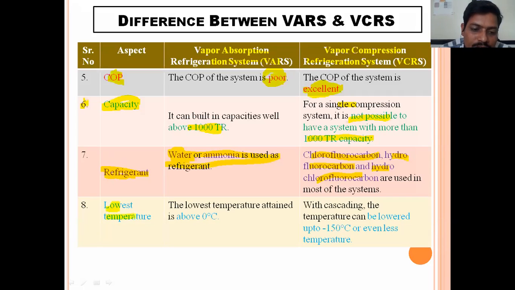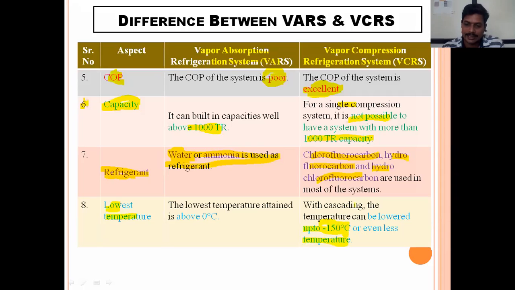So as I have mentioned, we can use the vapor compression refrigeration system for domestic as well as industrial application where capacity is less than 200 TR. So with the help of VCRS system, we can lower the temperature up to -150 degrees centigrade or even less than -150 degrees centigrade.